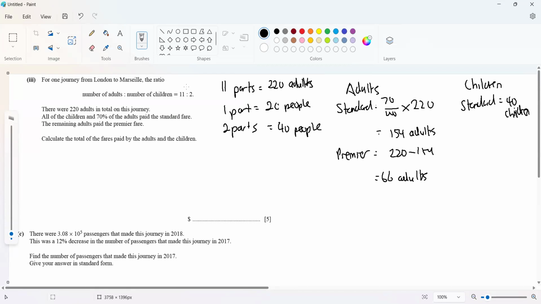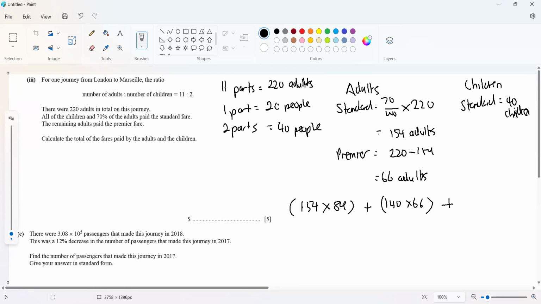Right? And then from here, after we calculate the number of people already, we can now use back our table to calculate a value. So adult standard fare is $84. So it's 154 multiplied by 84, plus 140 for the premier, so 140 multiplied by 66.